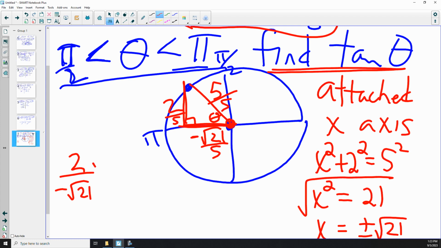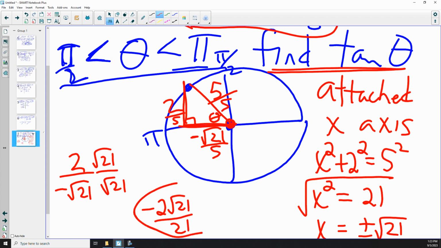Pizza. It would be negative 2 root 21 over 21 for the answer. Y'all okay? Generally, I call them pick fives, or I give you one and you provide the other five.